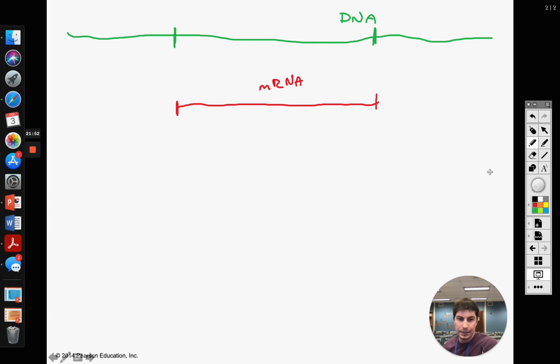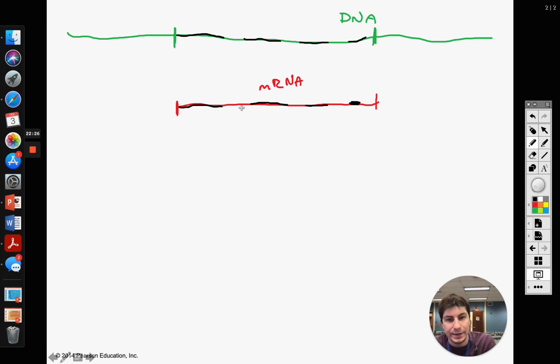All right. Now, in our DNA, if I go back up here, let's say that only this area right here, this area right here, this here, and this here, let's say those are going to be the areas that we need to make our protein. So if we come down to the mRNA, it's here, here, here, and here.